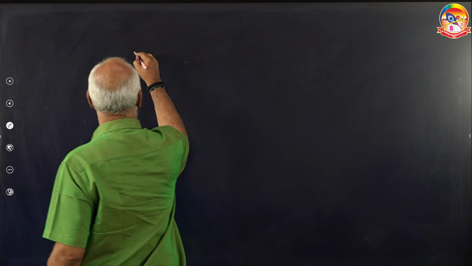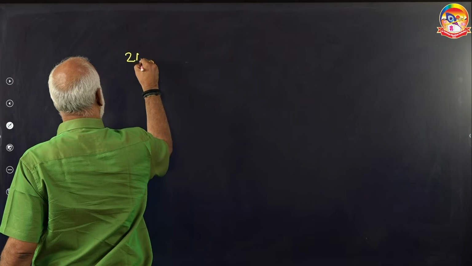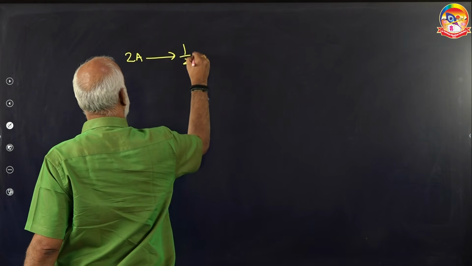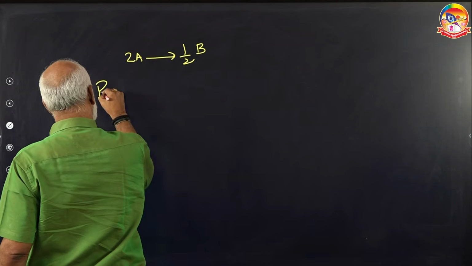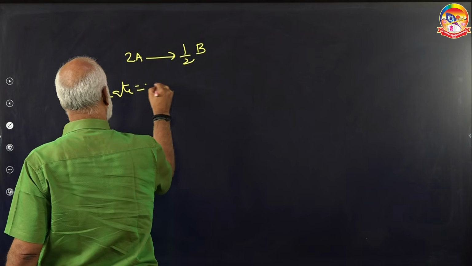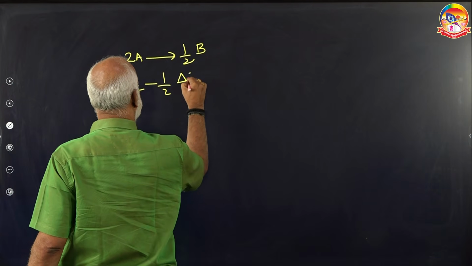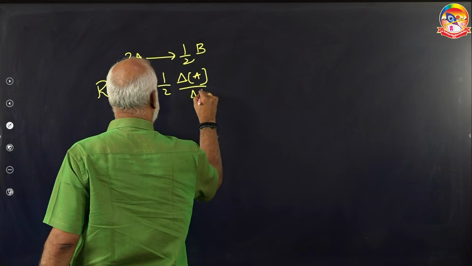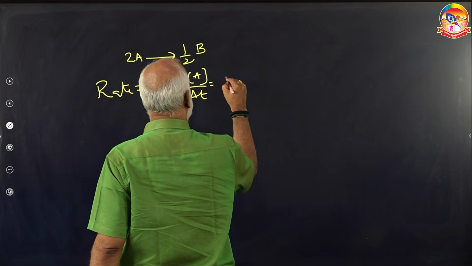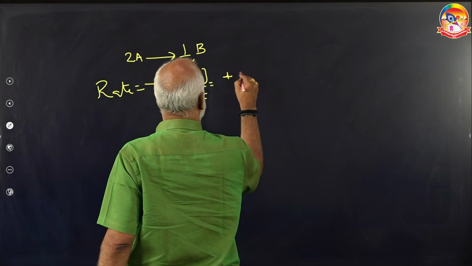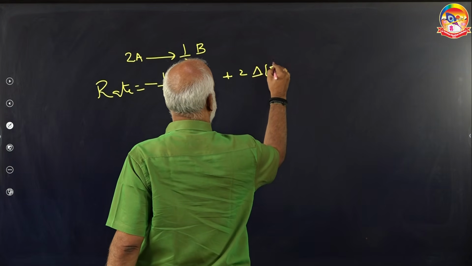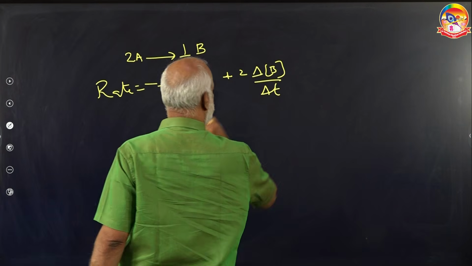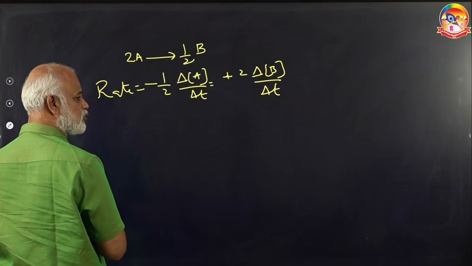Let us say 2A gives half B. Then rate is equal to minus half of delta [A] by delta t is equal to plus 2 into delta [B] by delta t. We are writing the coefficients as reciprocals.